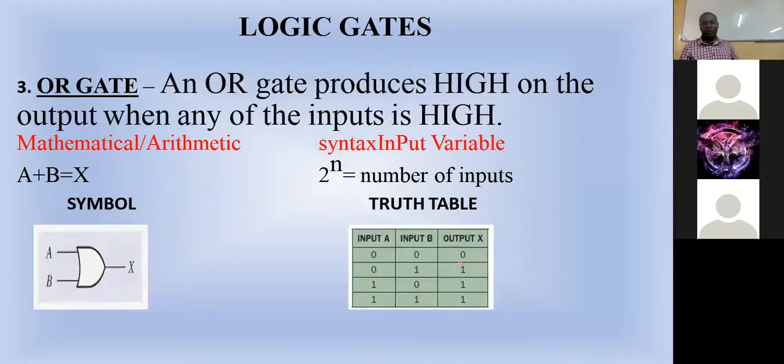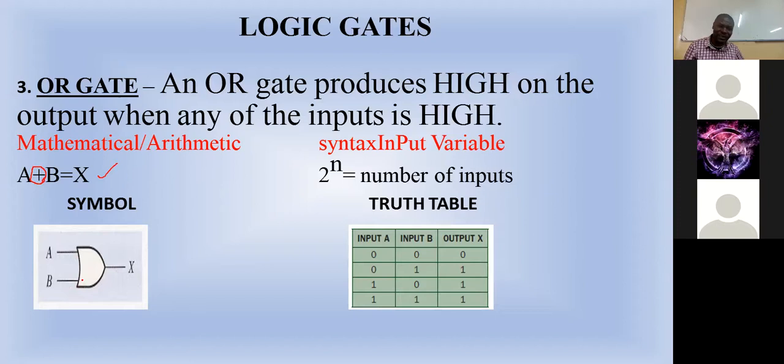Moving forward, we look at the OR gate. Just like the AND gate was giving us multiplication in between there, the OR gate gives us addition. When you're dealing with the OR gate, it means you are adding. Unlike in the AND gate, where this line was straight here, in the OR gate it's a little bit curved.